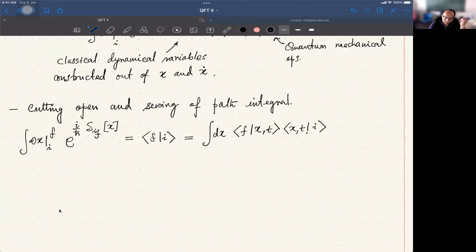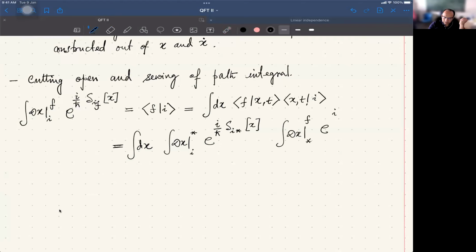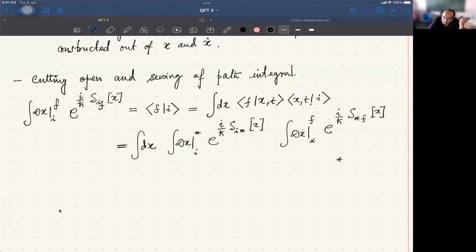If you write this result in terms of path integral, it will look like the ordinary integral ∫dx, then the path integral from i to star of e^{(i/ħ) S_{i*}[x]}, and then the path integral from star to f of e^{(i/ħ) S_{*f}[x]}, where star represents (t, x).